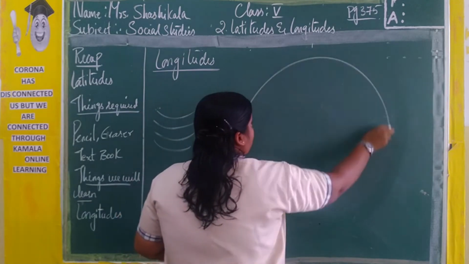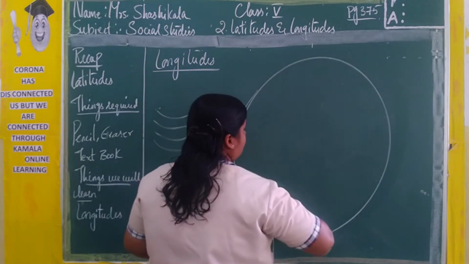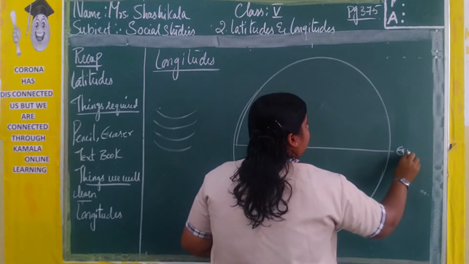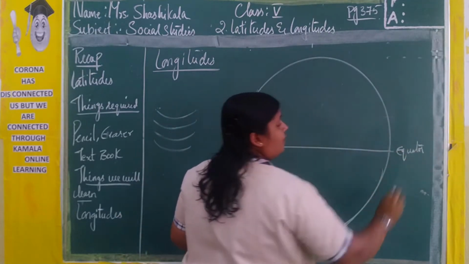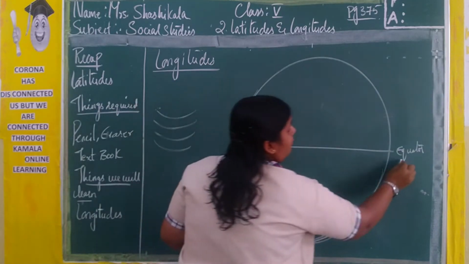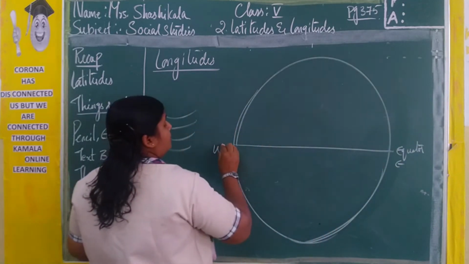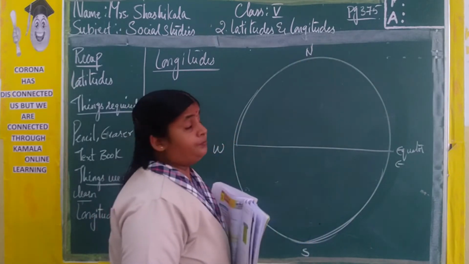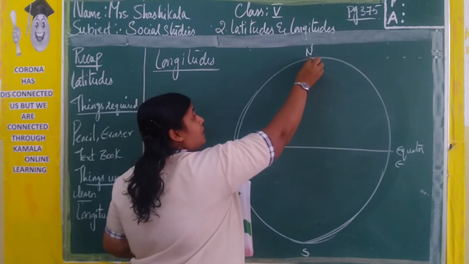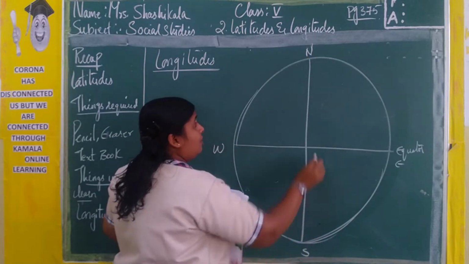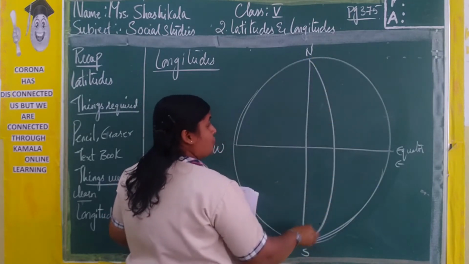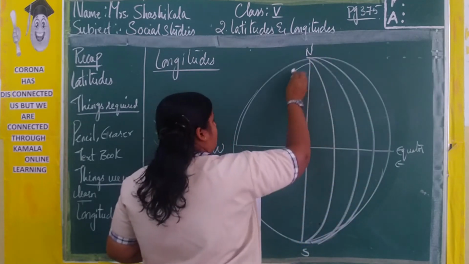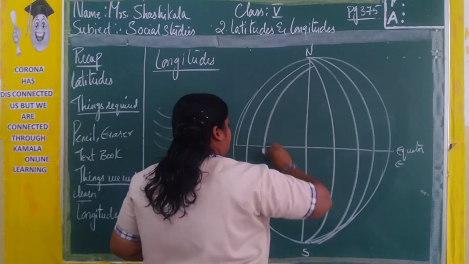Now here you can observe, this is the equator at 0 degrees. Here we have the east direction, here we have the west, here we have the north, and down we have the south. The lines which go across all the latitudes from the North Pole to the South Pole are known as longitudes.